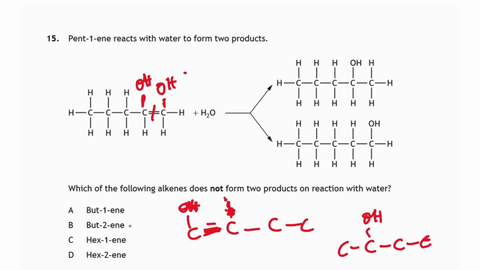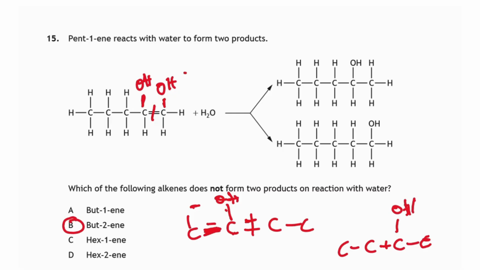But for but-2-ene, the double bond is in the middle, after the second carbon atom. This is what makes it but-2-ene. When the water reacts, this bond is broken and there will be an OH group here. In the second product, the bond will be broken and there will be an OH group here. So this is the correct option, because the two products are the same thing if you name them, since both have the OH on the second carbon atom.